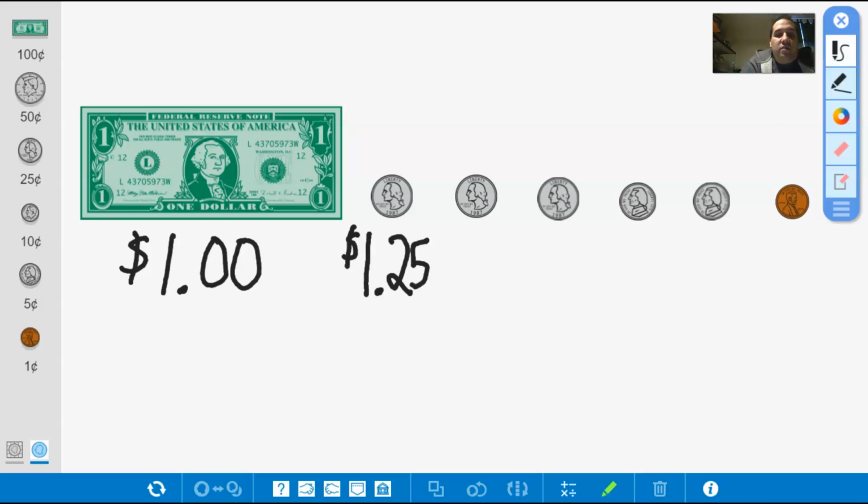Then how much money do I have with the dollar here, the quarter, and the second quarter? Well, 25 plus 25 is 50.